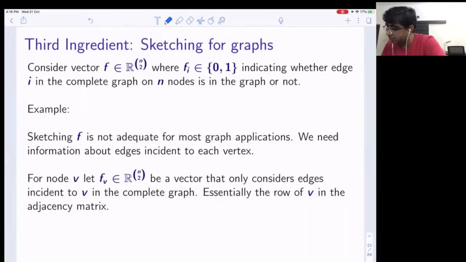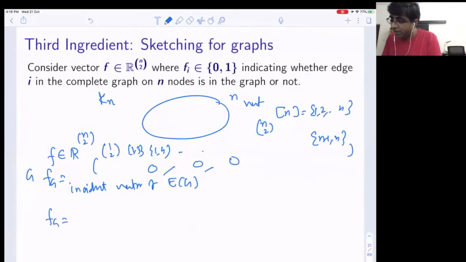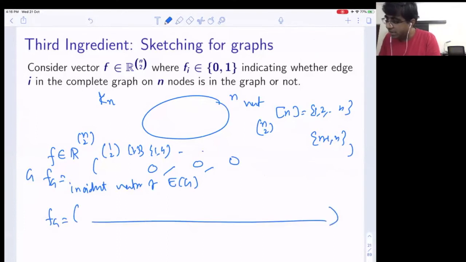People came up with this: for each node V, rather than having this Fg, the incidence vector of G, I can think of the edges incident to each vertex.